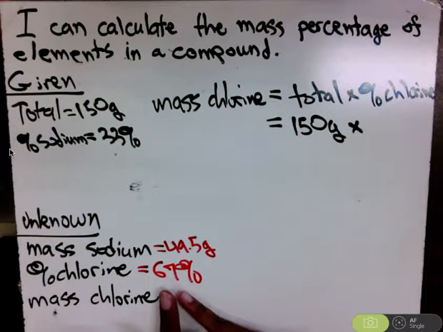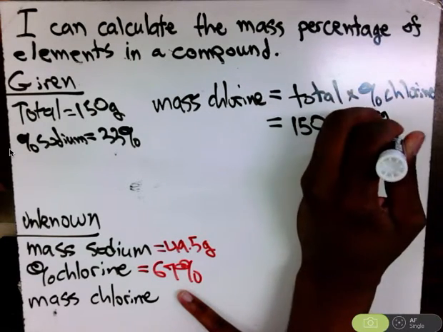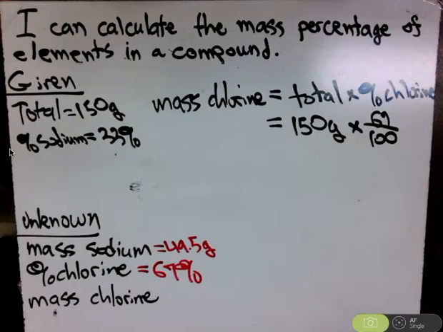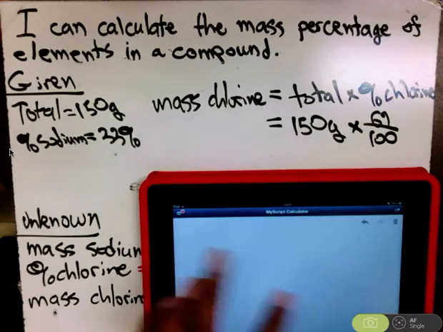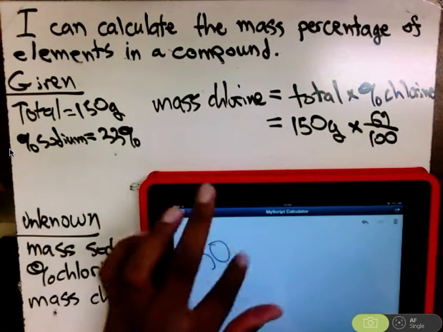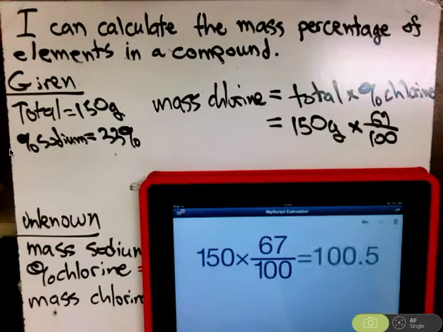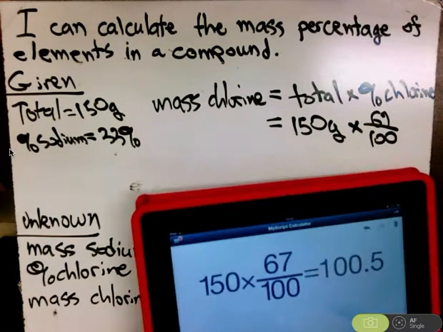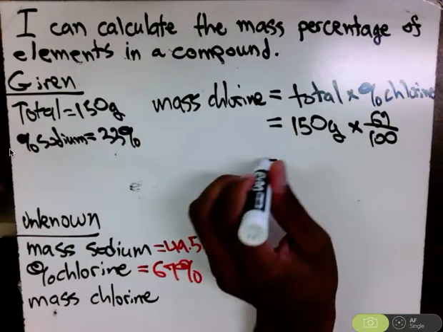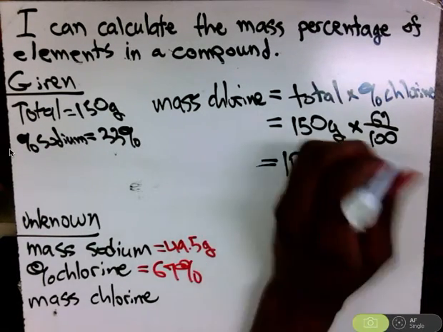My percent is 67%. Whenever I'm multiplying percents, I got to put that over 100. Multiplied by 67 over 100. And that is equal to 150 times 67 divided by 100, which is going to be 100.5 grams of chlorine.